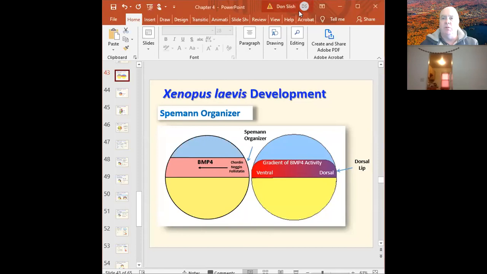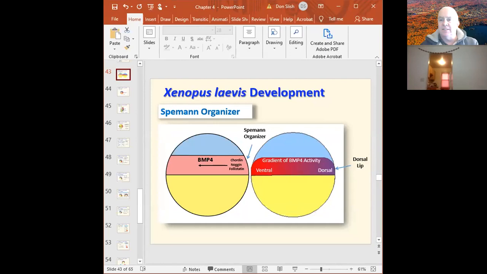Okay, so last time we were talking about how gradients can be used to make an axis, or axes, if you want to talk about it in plural. And so we ended talking about how the Spemann organizer creates this gradient of BMP4 activity. And it's doing that because it is not producing BMP.